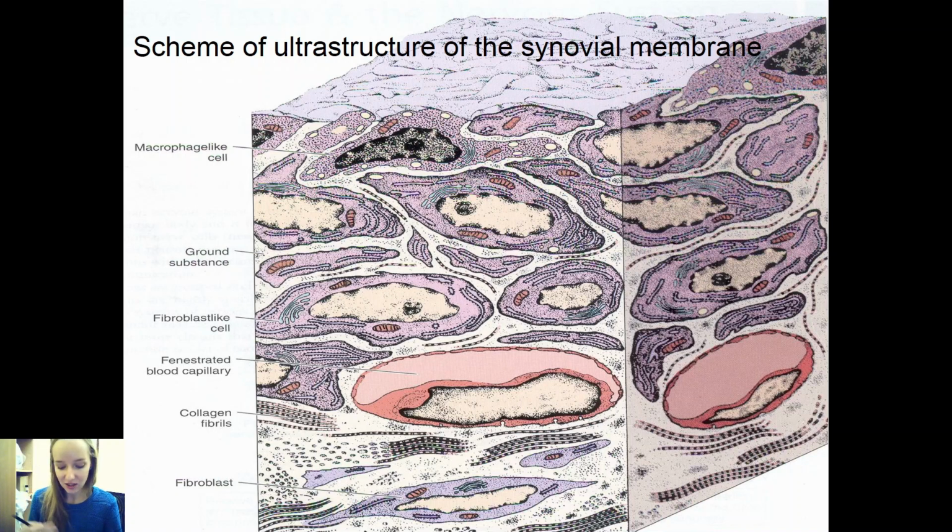So the synovial membrane also has the ability to produce and also to take care of the synovial fluid by phagocytosing the substance and producing some new one. And we have the capillaries here, and these are very important because the synovial fluid is not only made by the cells, by active production, but also by filtration of the blood in the capillaries. So you form fluid by filtration.